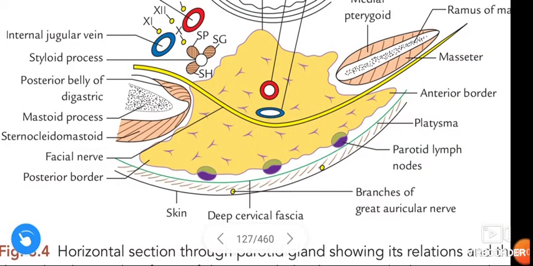This figure shows the relations of the superficial surface of the parotid gland.